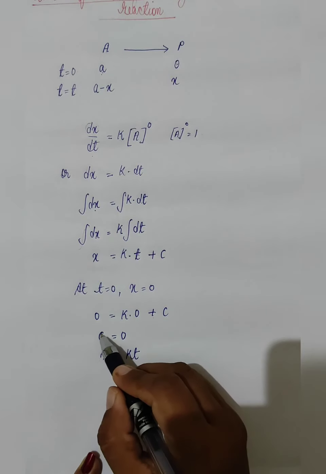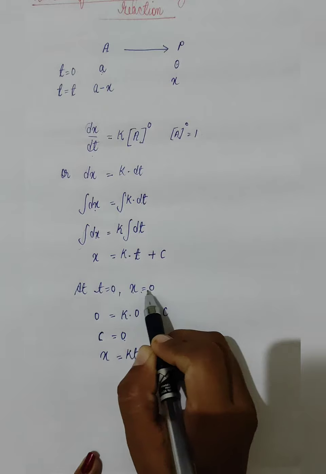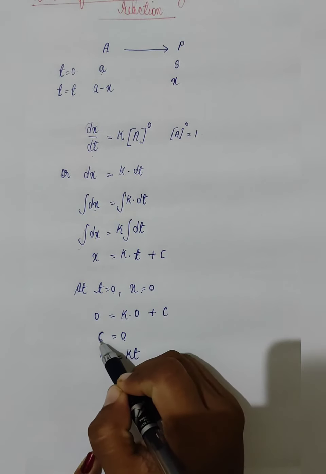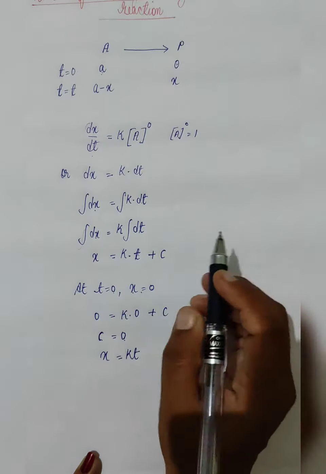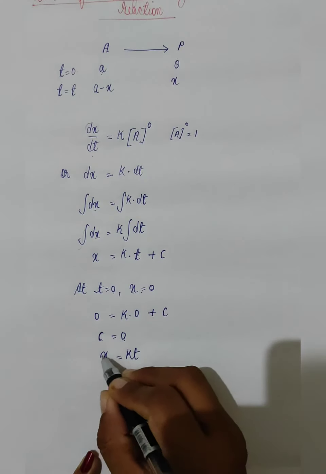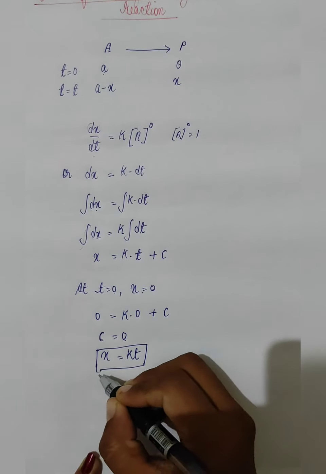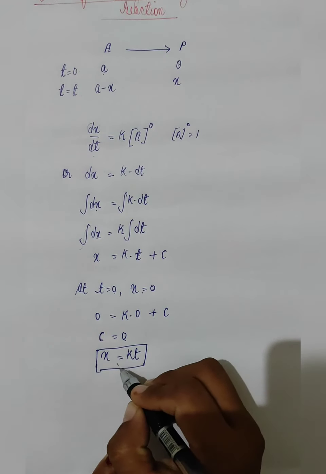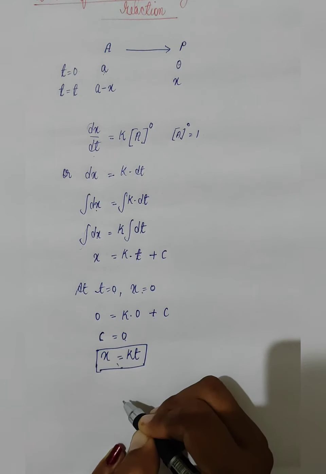That means we got the constant term as 0 upon taking t is equal to 0 and x is equal to 0. So upon getting constant term as 0, this equation can be written this way. Now this is the required integral rate expression for zero order reaction.